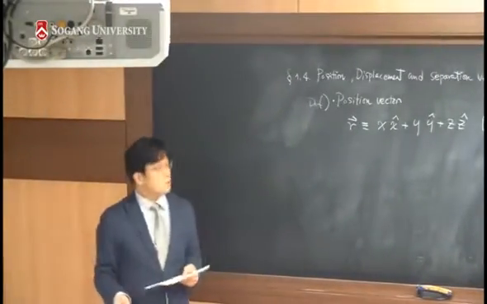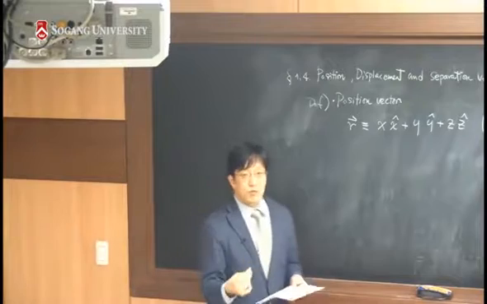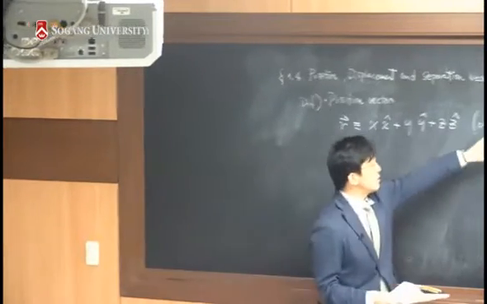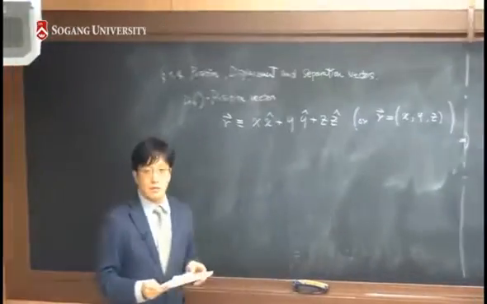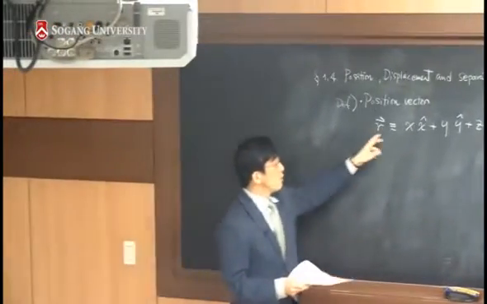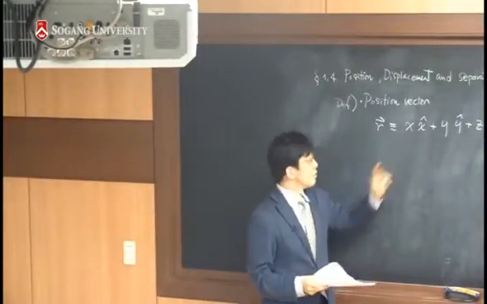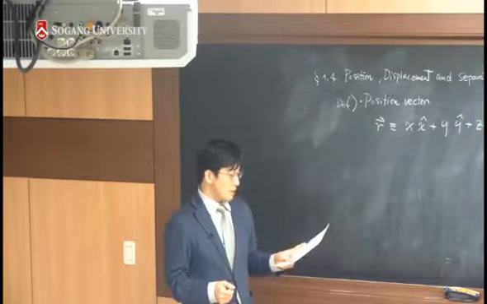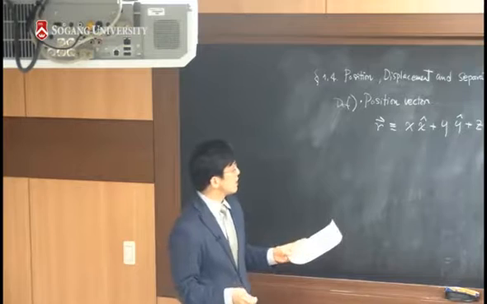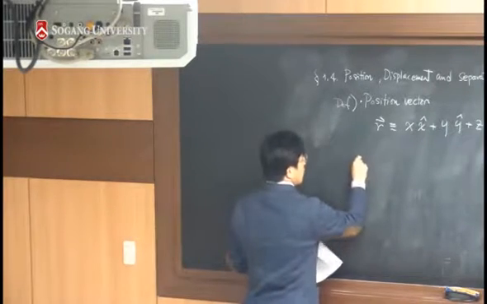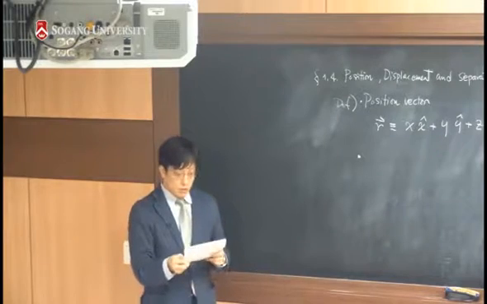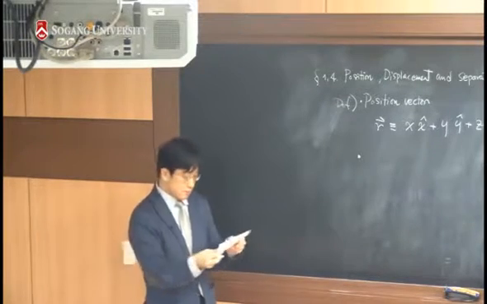But sometimes, to have a more precise description, we want to write that position vector not just in a coordinate-wise way, but with the component way like this, using the unit vector in the direction of the x and y and z. And we sometimes use it like this. And the direction of that position vector is given by the unit vector representation.